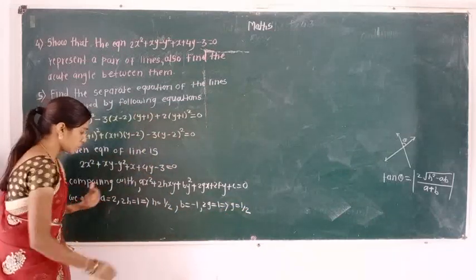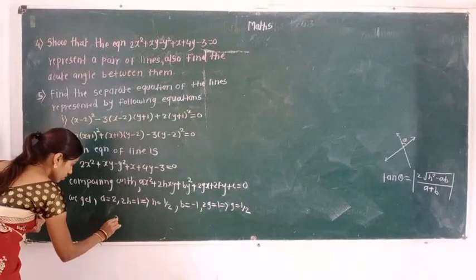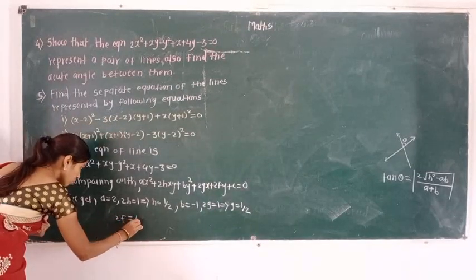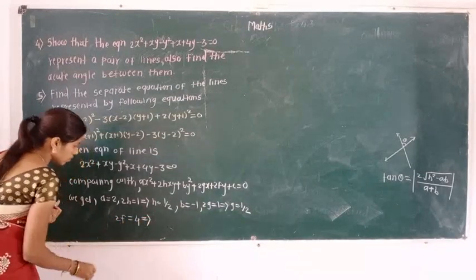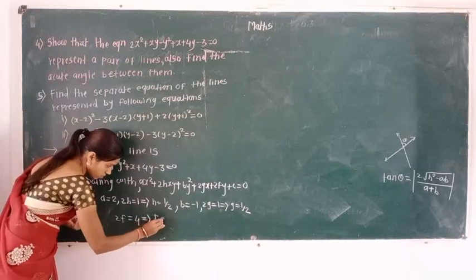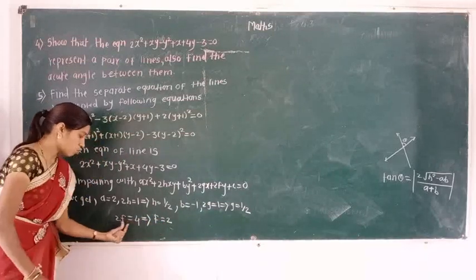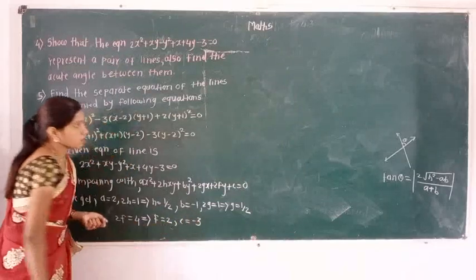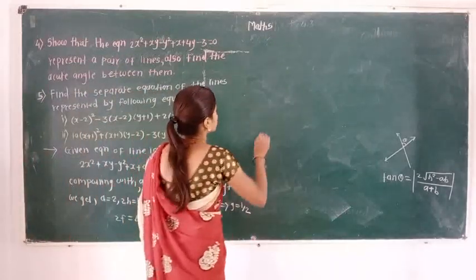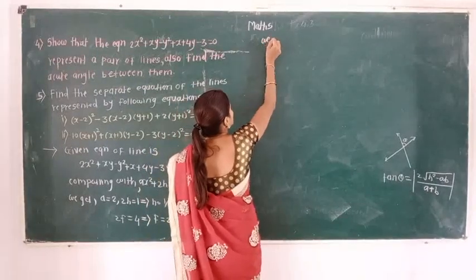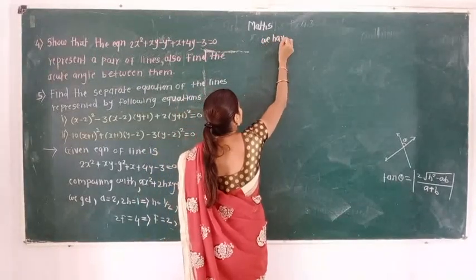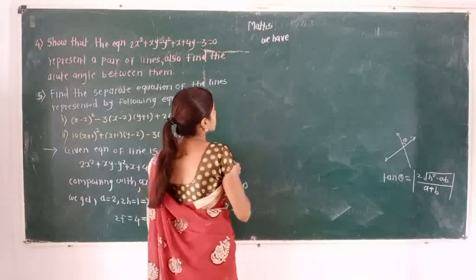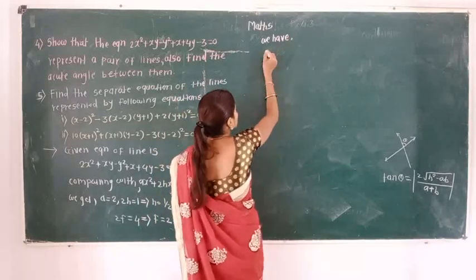The value of 2f is 4, which implies f is 4 by 2, that is 2, and the value of c is minus 3.